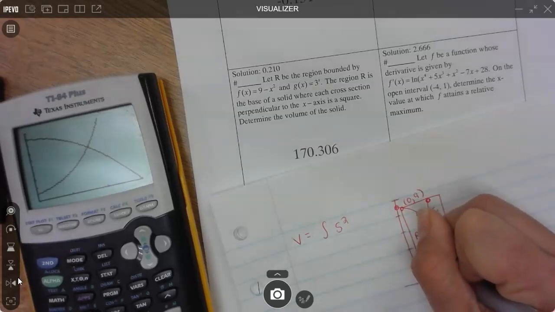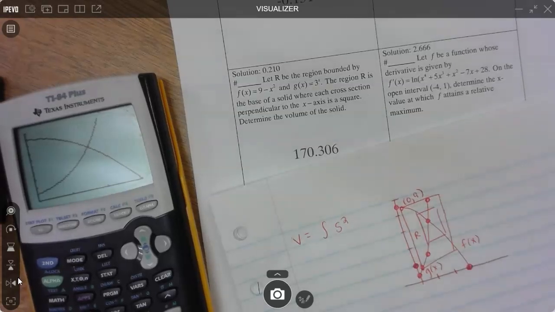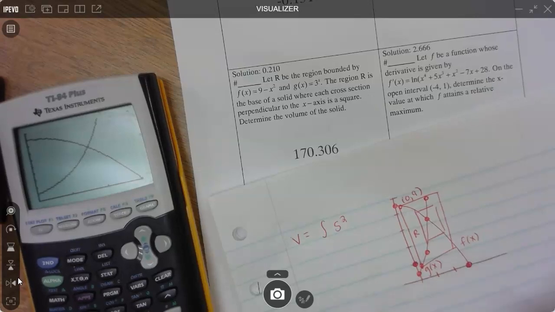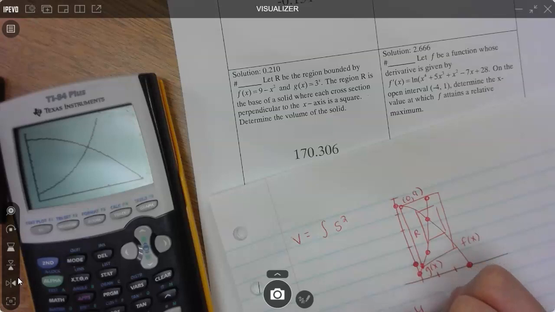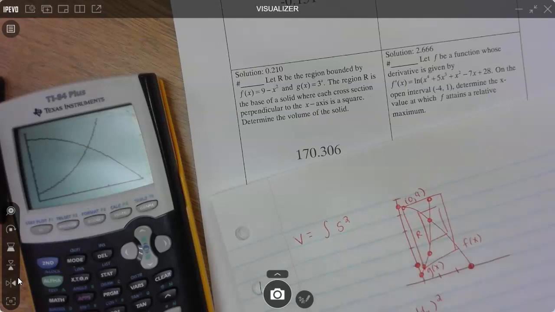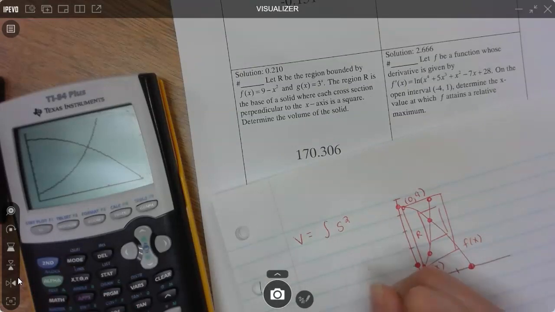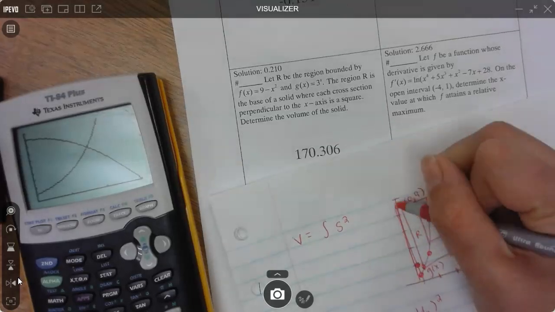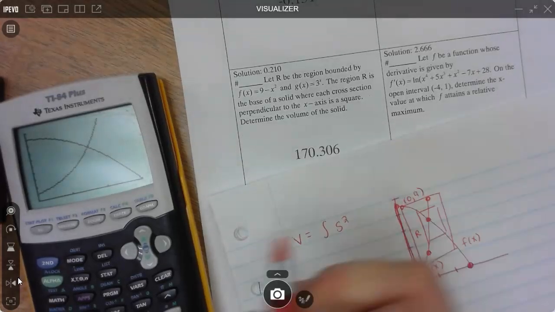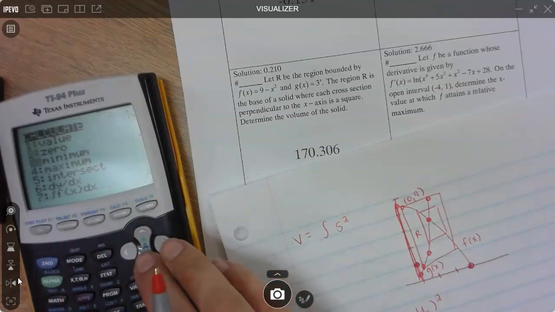The bottom curve is always g of x. So when I set up my volume, it's going to be the integral of y1 minus y2, and then all of that squared. And we're going to go from 0, because that's where they start, to whatever that point of intersection is.